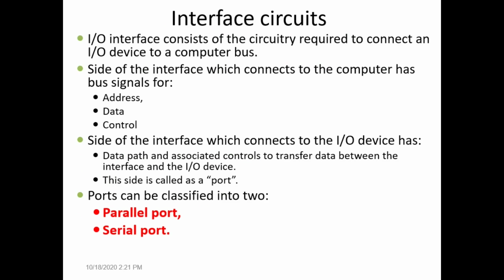Interface circuit is mainly used to remove differences in working procedure between the processor and the I/O device. What are such differences? The processor produces data in digital format, in binary.